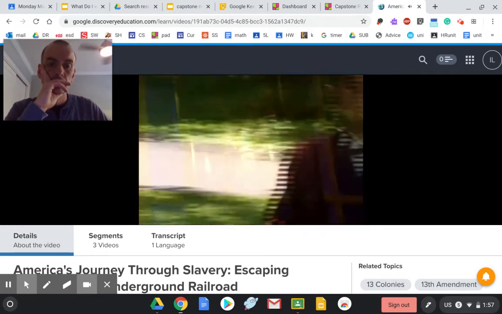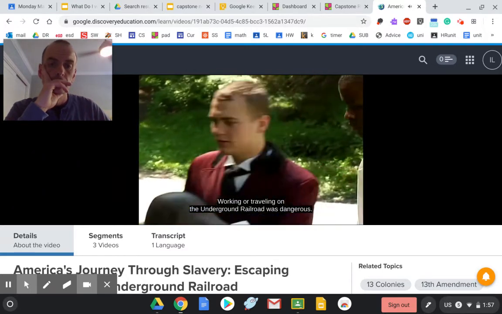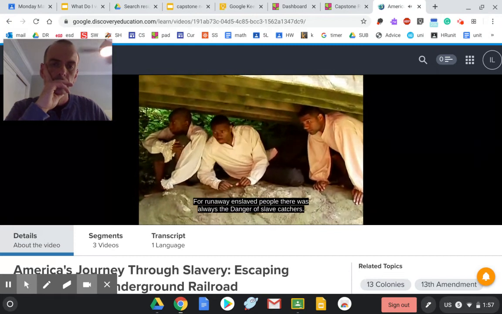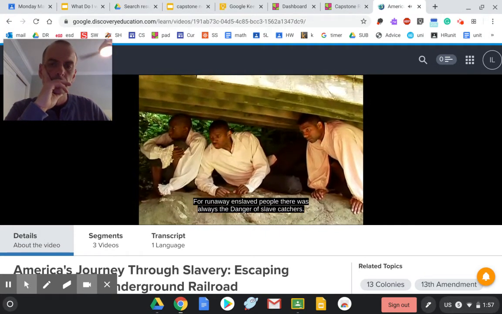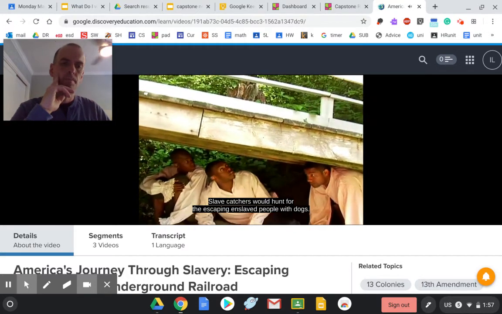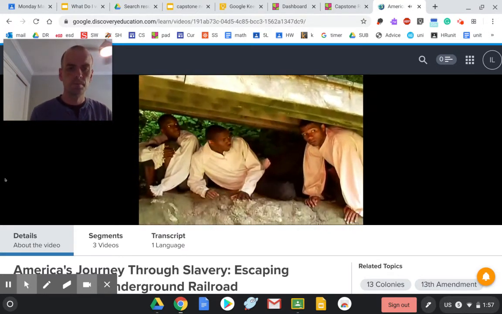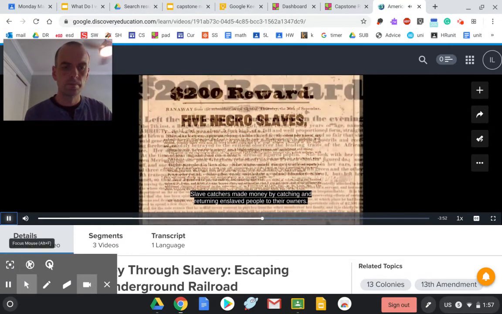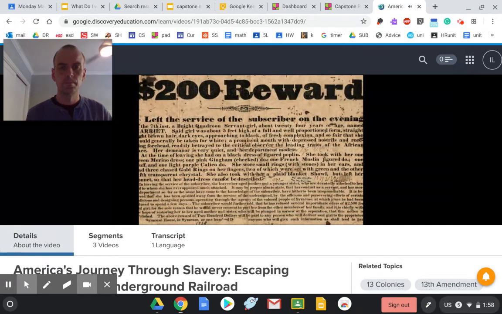Working or traveling on the Underground Railroad was dangerous. For runaway enslaved people, there was always the danger of slave catchers. Slave catchers would hunt for the escaping enslaved people with dogs. Slave catchers made money by catching and returning enslaved people to their owners.